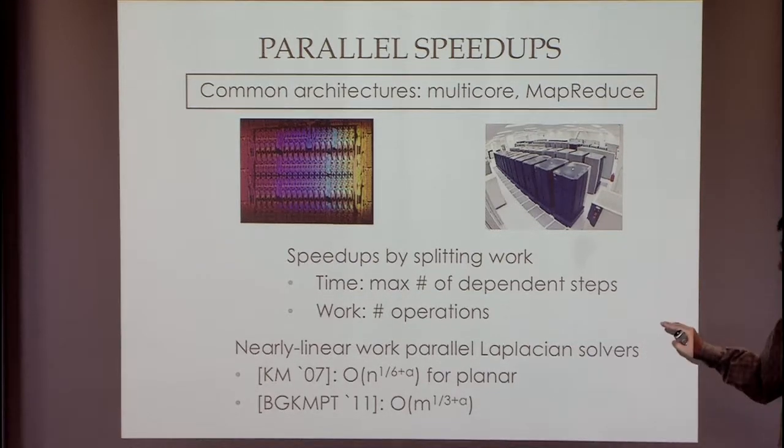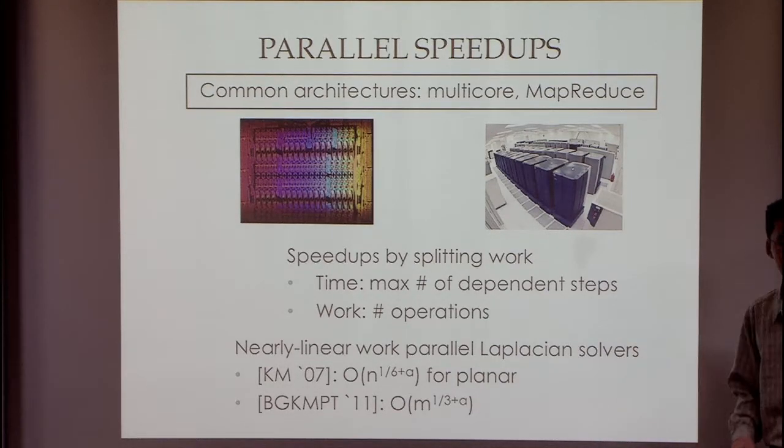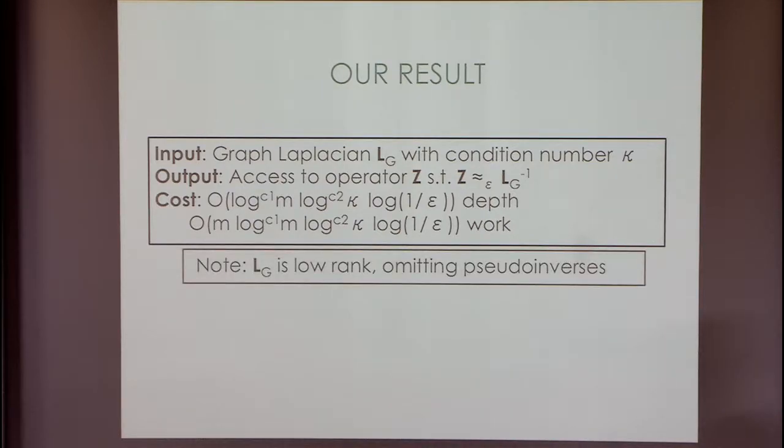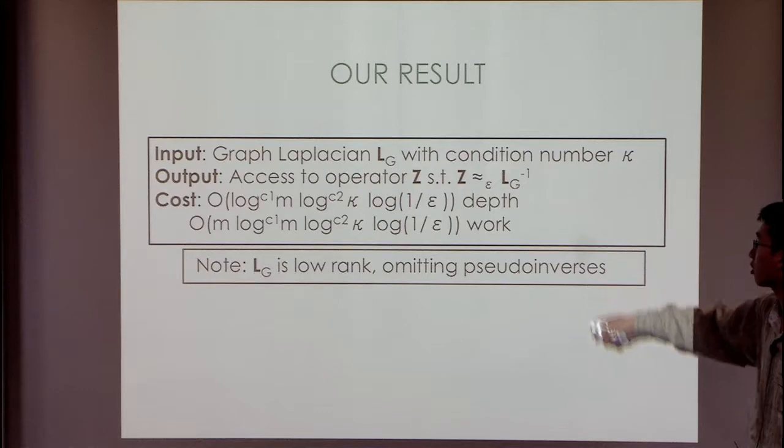I will come back to this in a moment. There are some inherent bottlenecks in these methods. So what we show in this result is that we can get solvers that run in nearly linear work and polylog depth. We get depth that's polylog n times polylog kappa and times other log factors.